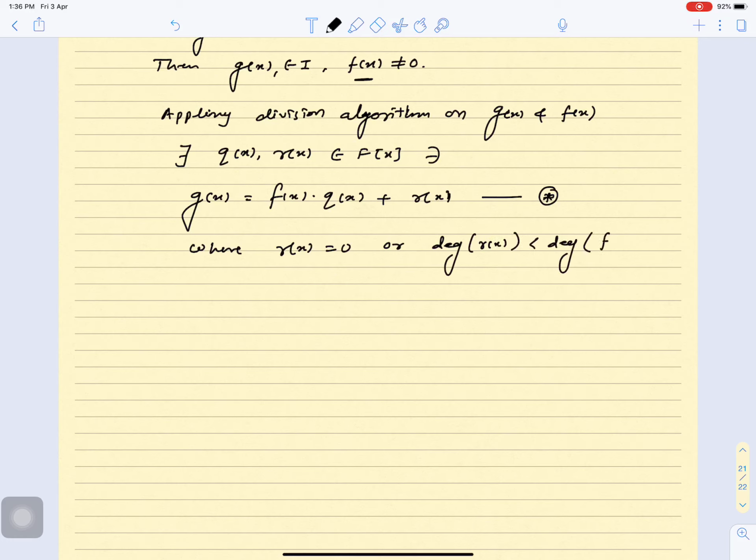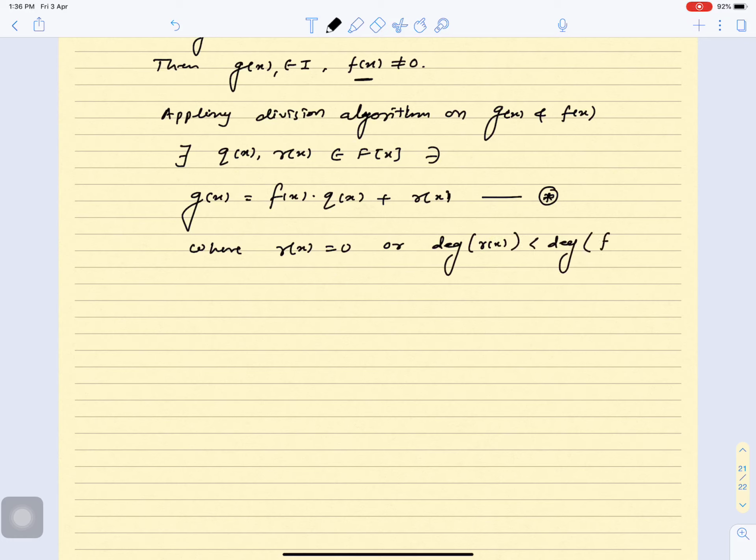I will be the ideal generated by f(x), where f(x) is a non-zero polynomial in I, and the degree of f(x) is minimum. You choose any minimum degree polynomial from I and consider the ideal generated by f(x), then you will get I.